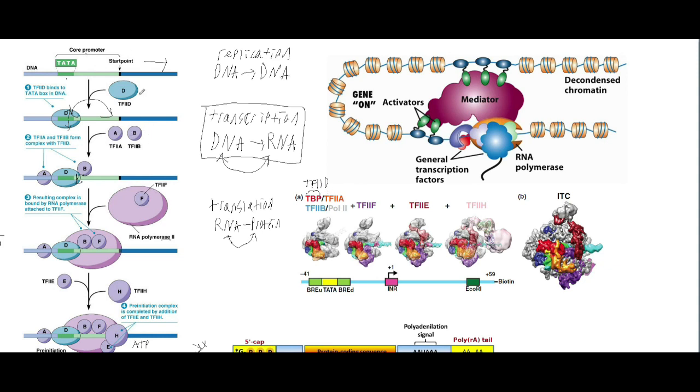The TF2D is a multi-subunit protein in itself, and one of the proteins in it is the TBP, which is called the TATA binding protein. So it's looking for this TATA box, and it will bind to it. And then we can add in the other proteins, and we end up getting our pre-initiation complex.